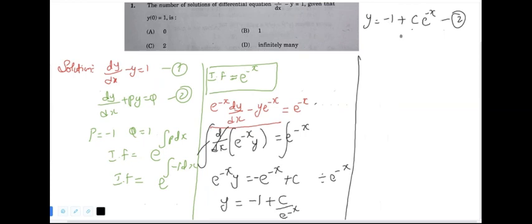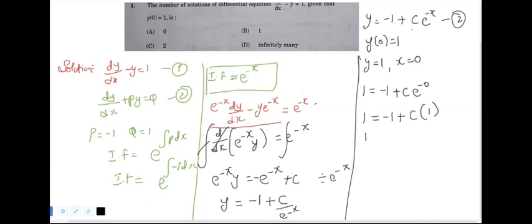They have given y(0) = 1, which means y is equal to 1 and x is equal to 0. Substitute in equation 2: 1 is equal to minus 1 plus c into e to the power of minus 0. Anything raised to the power of 0 is 1. So 1 is equal to minus 1 plus c, and the minus 1 goes across and becomes plus 1, so c will be equal to 2.